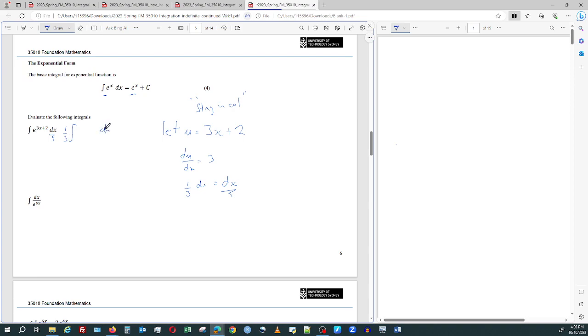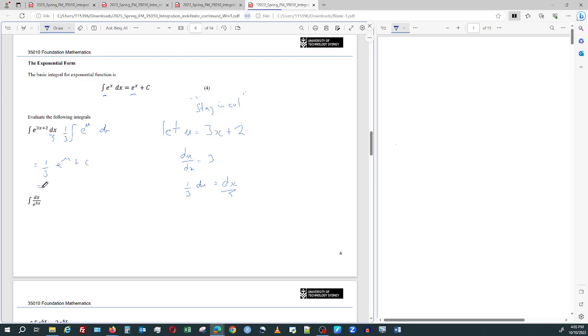Of course, it's e to the u, isn't it? E to the u. So the integral of e to the u is just e to the u. So we end up with 1/3 e to the u plus c.